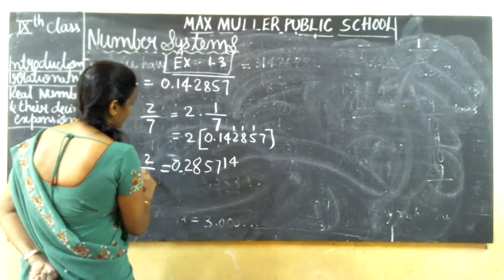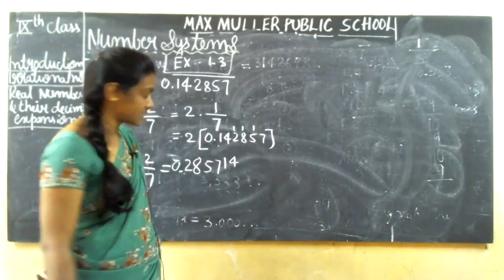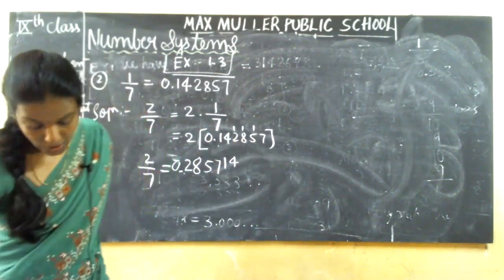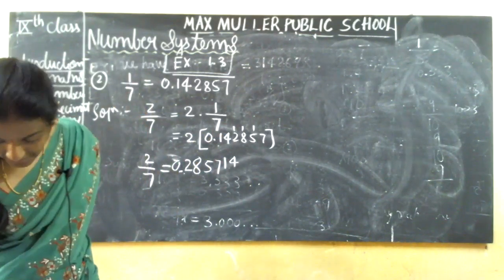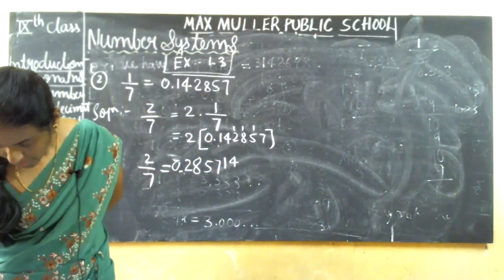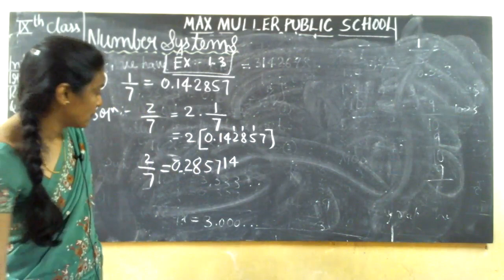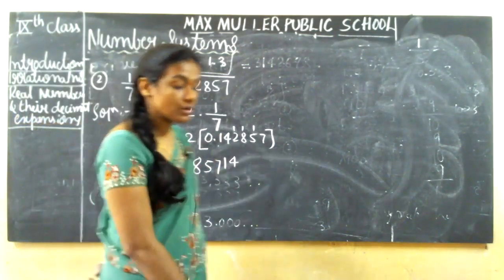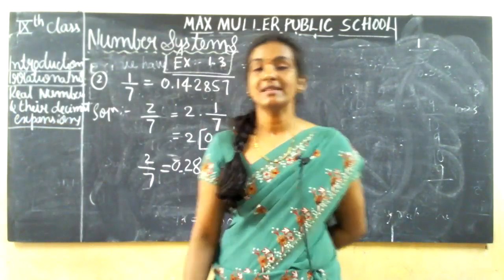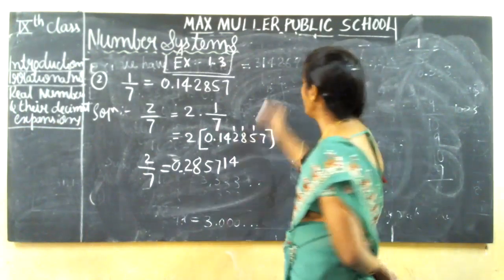This is the value of 2/7: 285714. This is how you can find the value of 2/7 without doing the long division method.